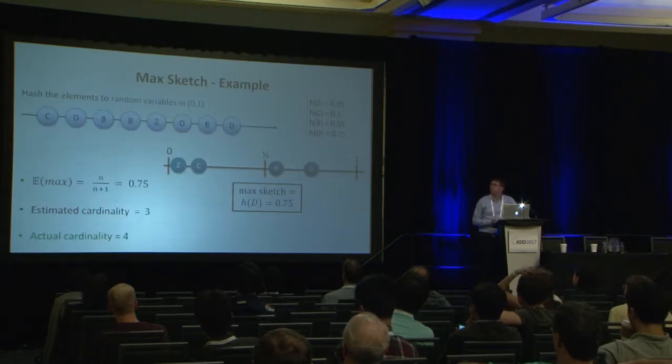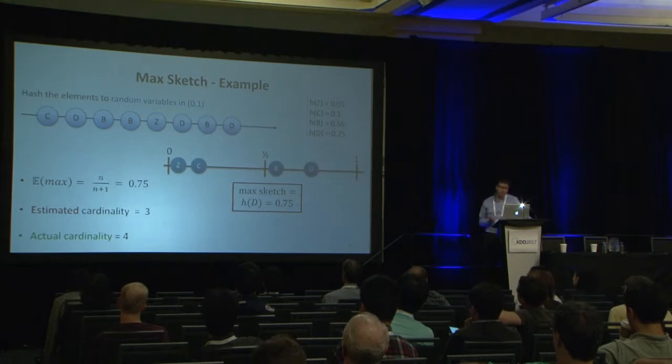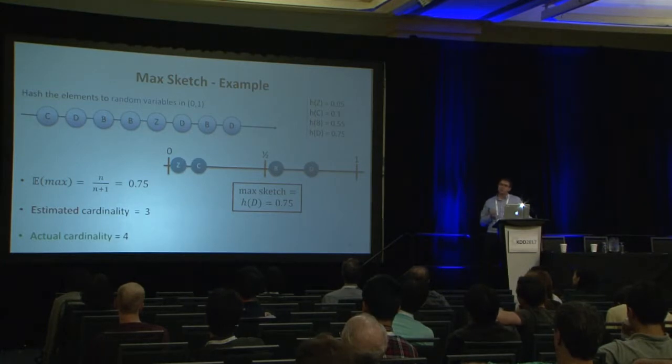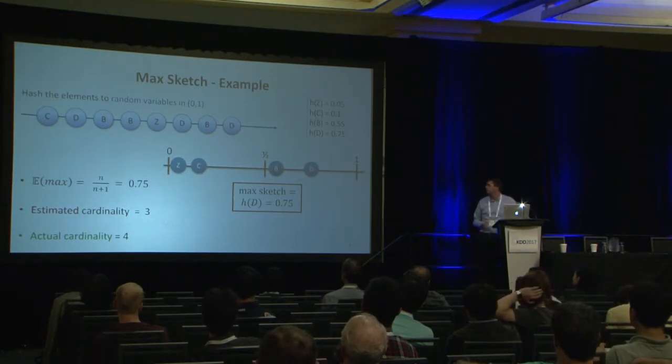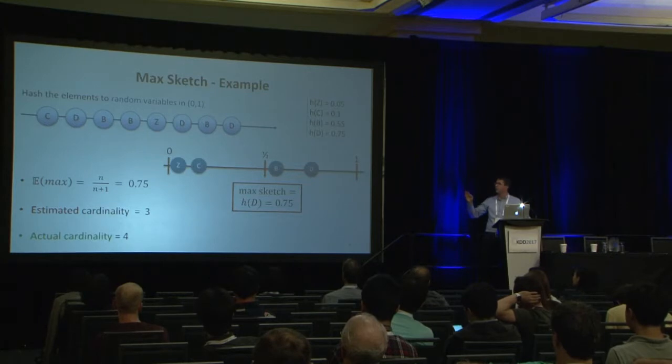For example, consider this stream of elements: C, D, two B's, Z, D, B, and D. We first hash these elements to their random variables between 0 and 1. Assume that the hash value of Z is 0.05, C is 0.1, B is 0.55, and D is 0.75. We get this mapping from the elements to their hash values.